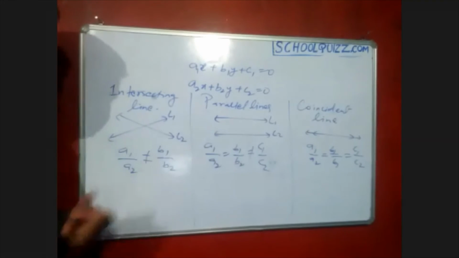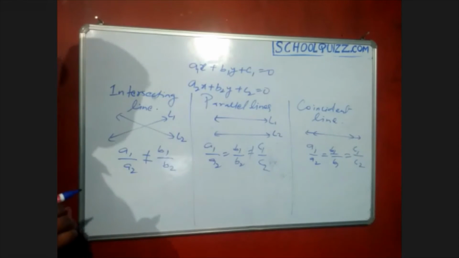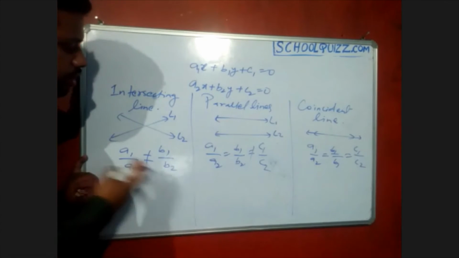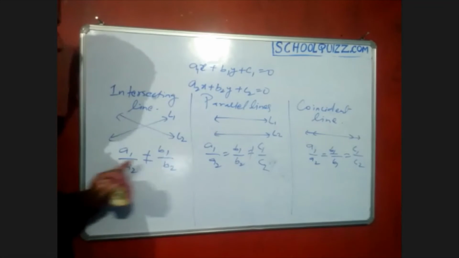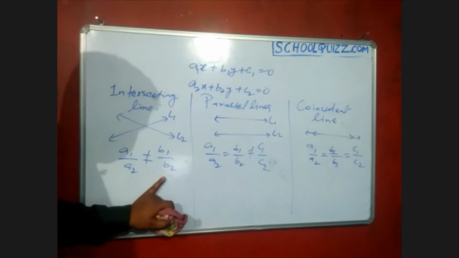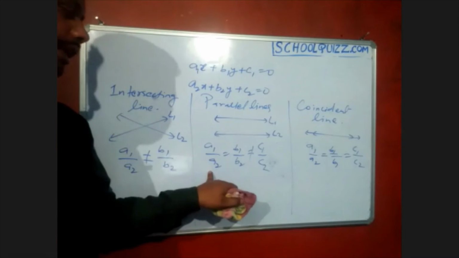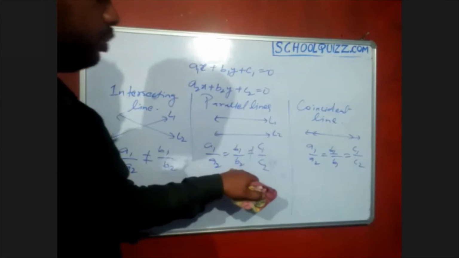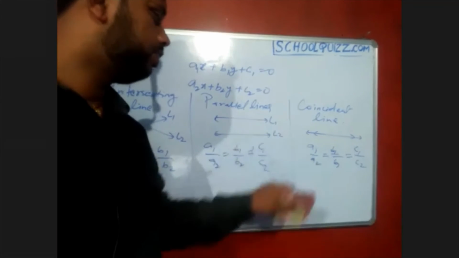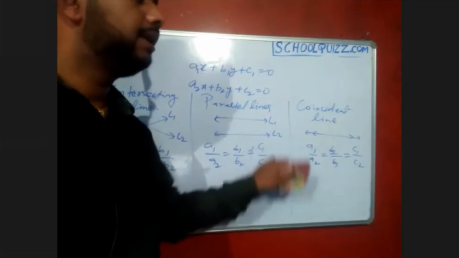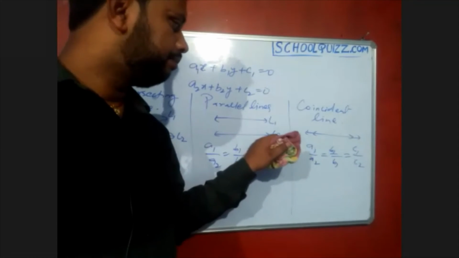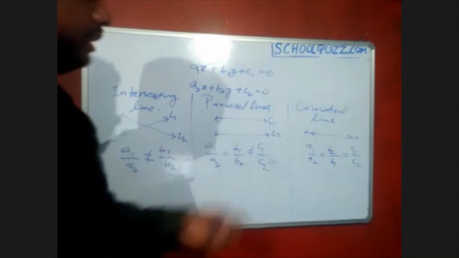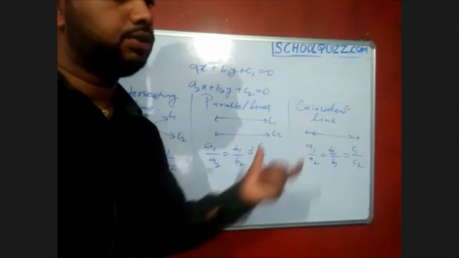Intersecting line means the ratio of the coefficients of x should not be equal to the ratio of the coefficients of y. If the ratio of the x coefficients equals the ratio of the y coefficients, it means the line is passing through the same cut points on the x and y axes.